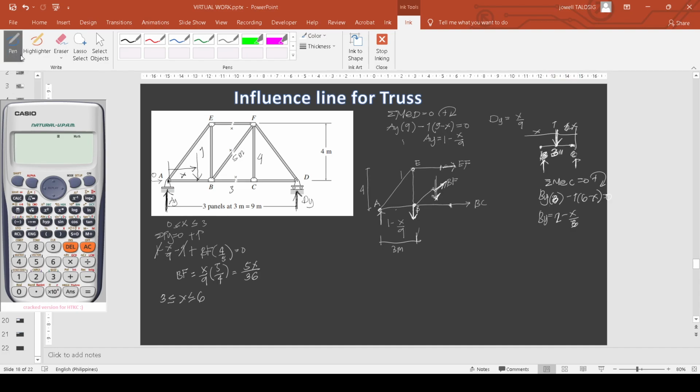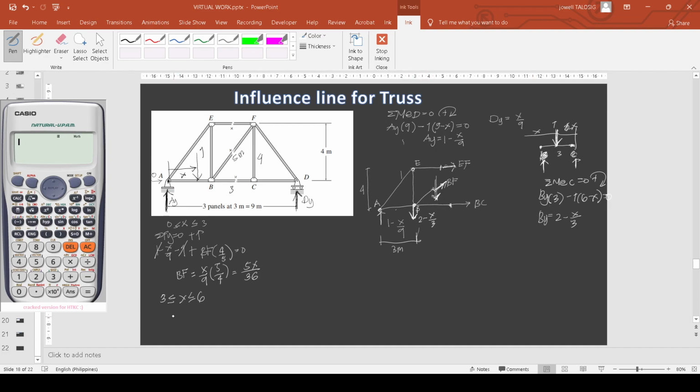So, let me correct this one. Para hindi tayo malito, no? Okay. So, this is times 3. So, 3 meters to. So, this is 2 minus x over 3. That's si By. So, ito yung ikakarga natin dito.